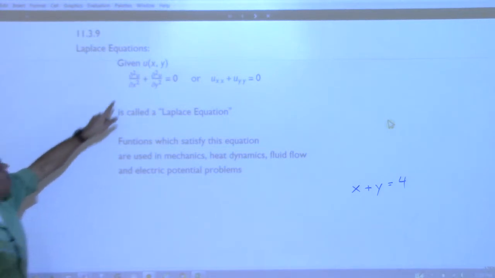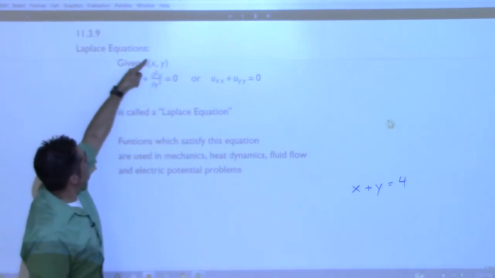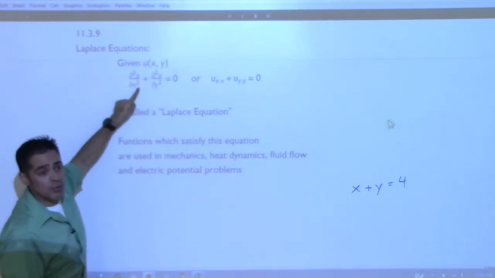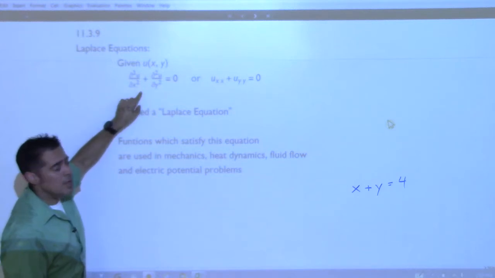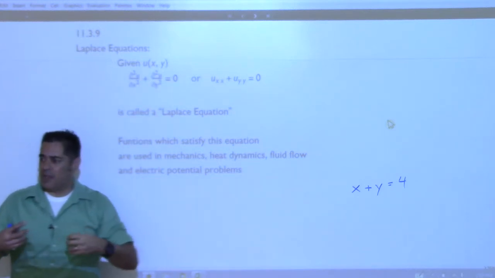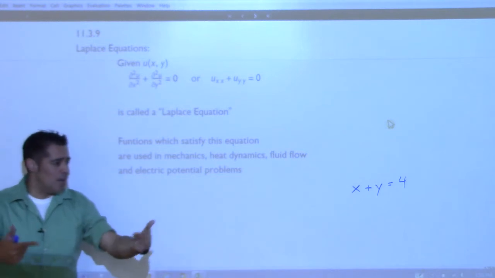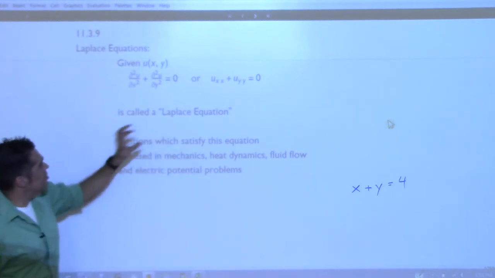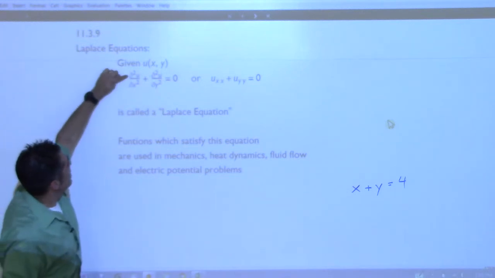we will call this right here, we will say that it satisfies the Laplace equation if this is true, right? So you give me a surface and then you're asked, does it satisfy the Laplace equation or not? All right? Does it or not? And to do that, you have to check that this is true.